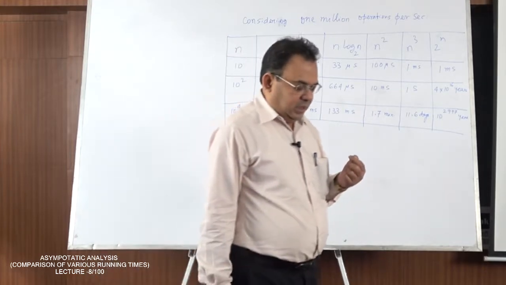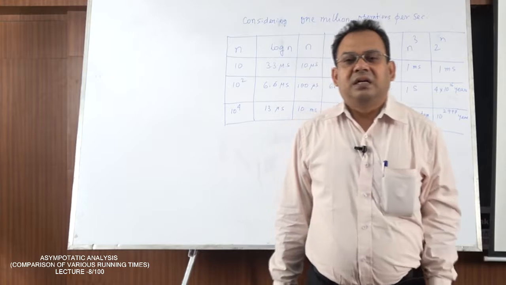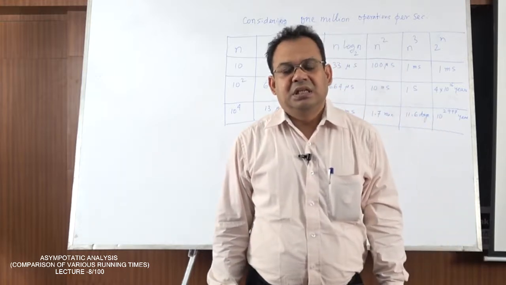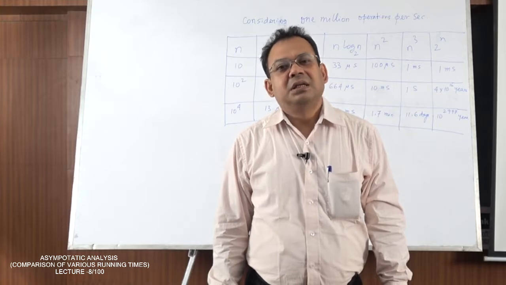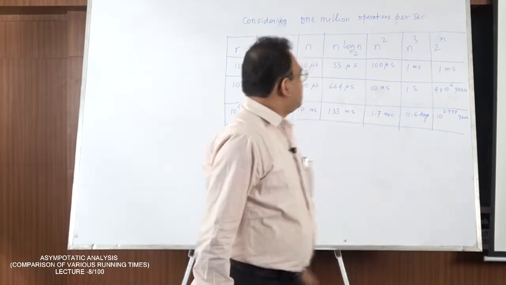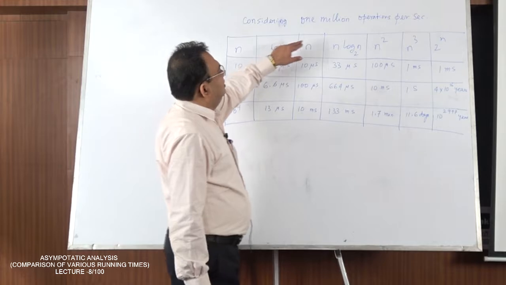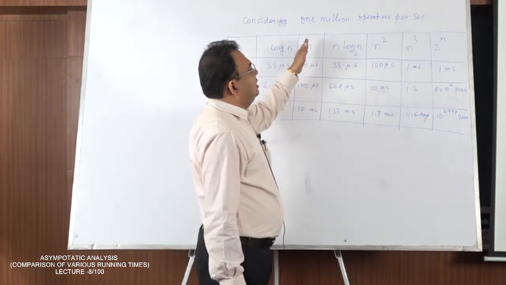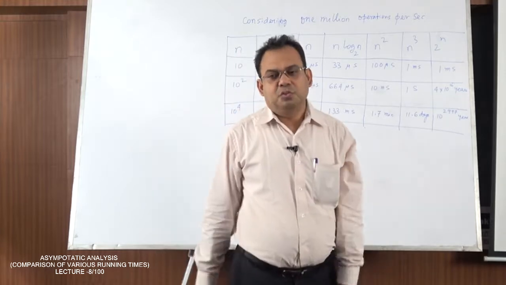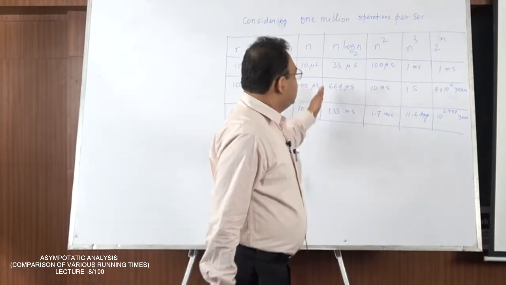So from this point, it is very clear that algorithm design is a very important aspect, because if we can design a better algorithm which solves the problem in n log n time or log n time or linear time, then this will give the output in less time.